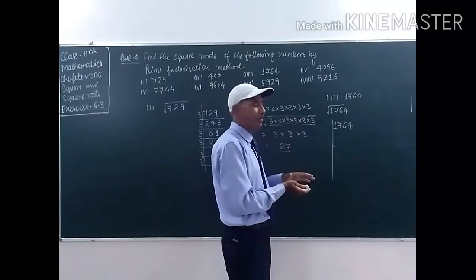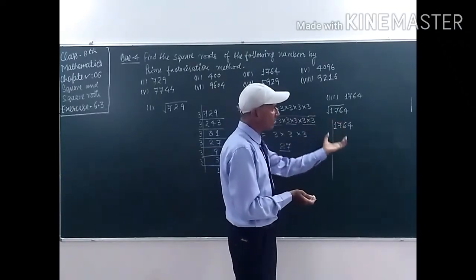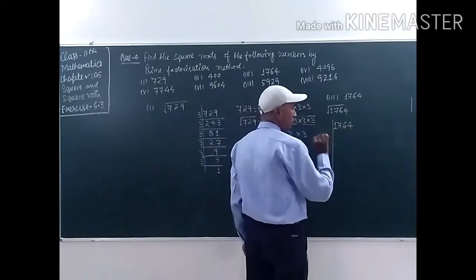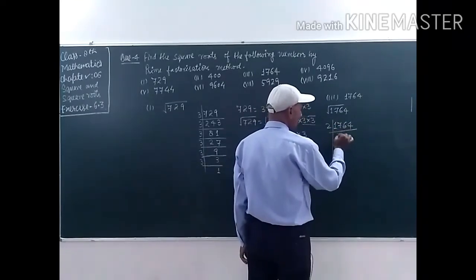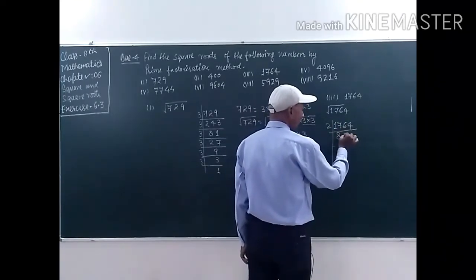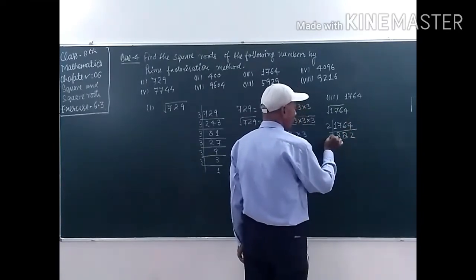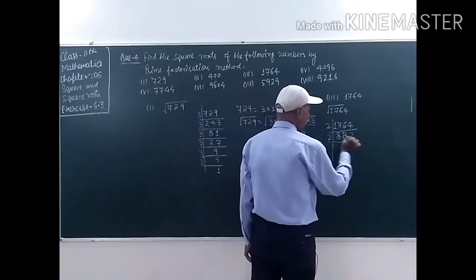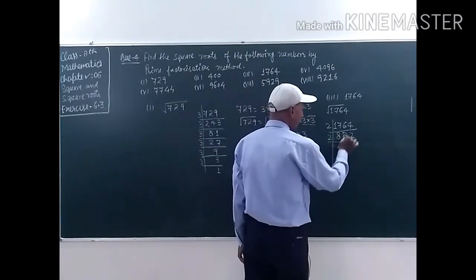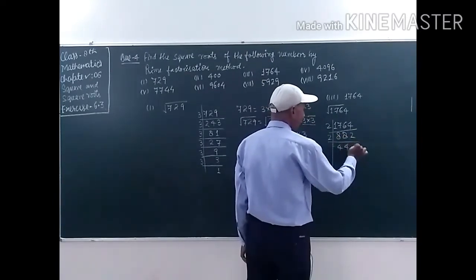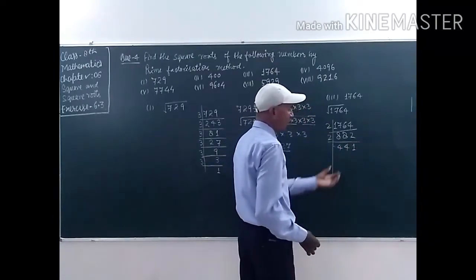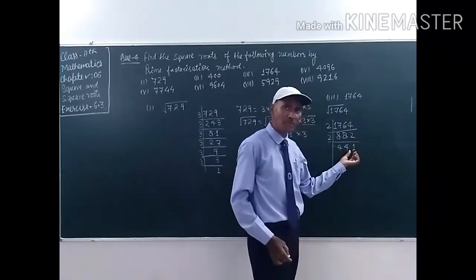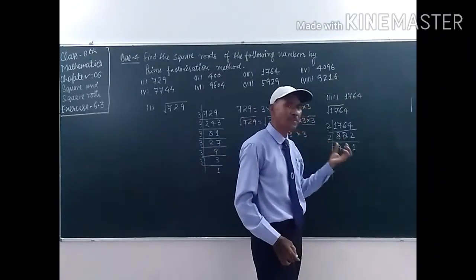The smallest prime number is 2, students, so we are starting with 2 because this number is divisible by 2. 2 eights are 16, 1 left. Again 2 eights are 16. This one, 4, 2 twos are 4. Divide by 2: 2 fours are 8, 2 fours are 8, and 2 ones are 2. This number is 441, and its unit digit is 1, so it is not divisible by 2.